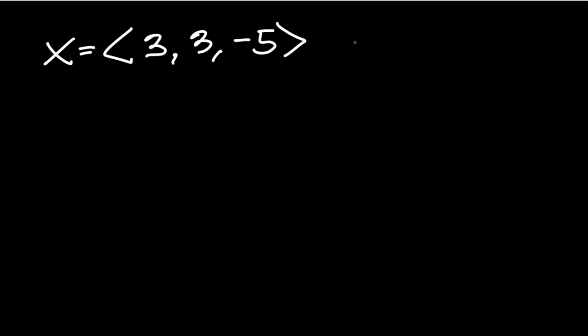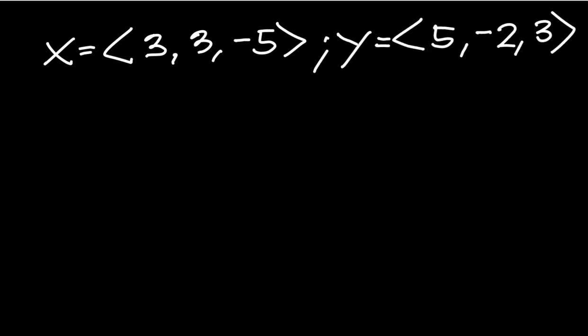Let's say we're given these two vectors, x with components 3, 3, and negative 5, and another vector y with components 5, negative 2, 3. And we need to find the angle between these vectors.